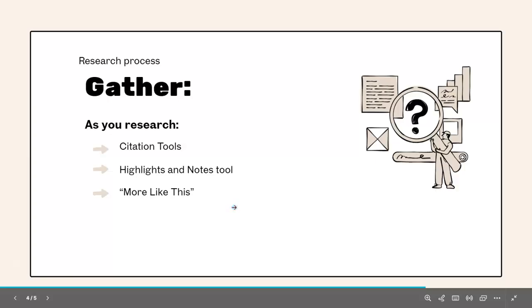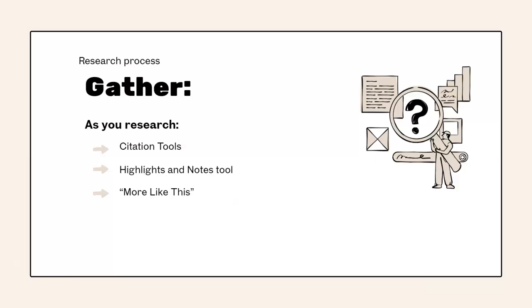As you are gathering your information, make sure that you start citing your sources in your notes. So when you begin gathering and paraphrasing and quoting your information, you're able to cite those sources once you start organizing them in your final product.